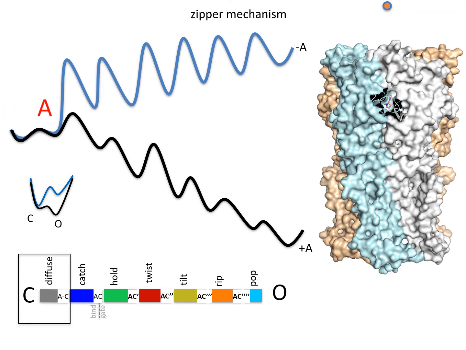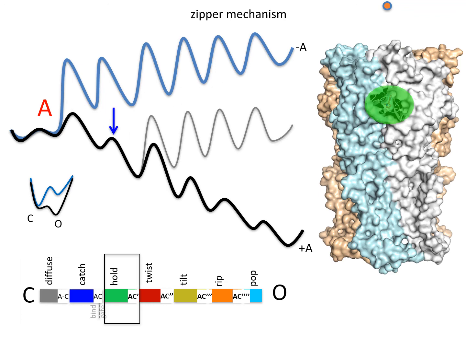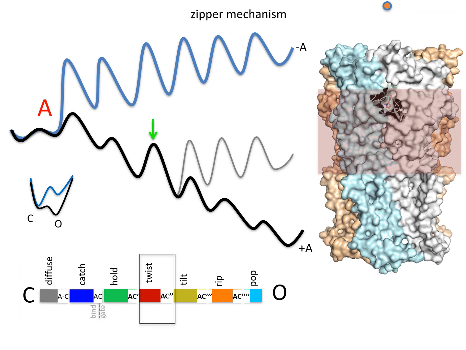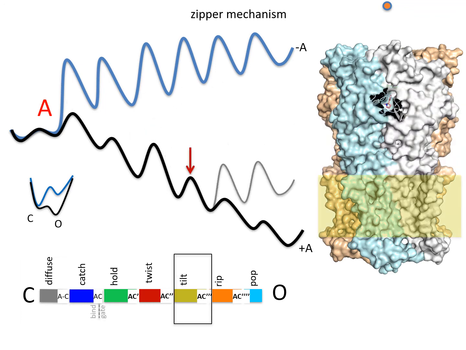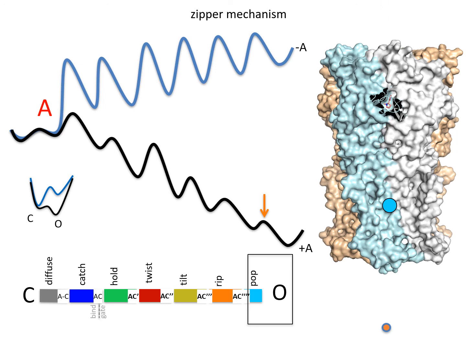First is diffusion, then catch. Hold forms the first high affinity intermediate, flip intermediate, twist is the second, after tilt is the third, complete is the fourth, and then finally you get to open. So there are four high affinity closed states in this model.